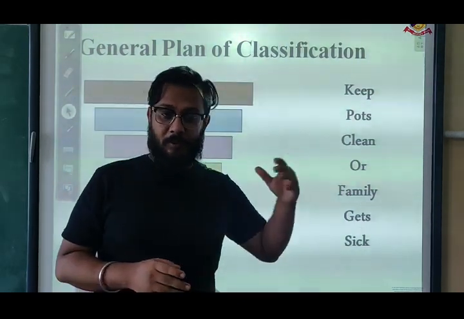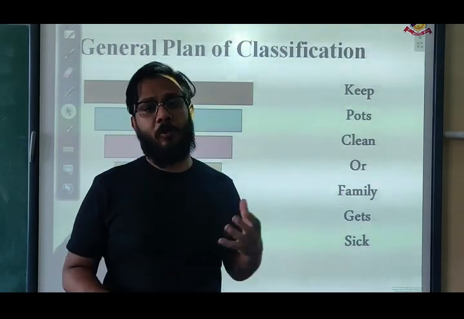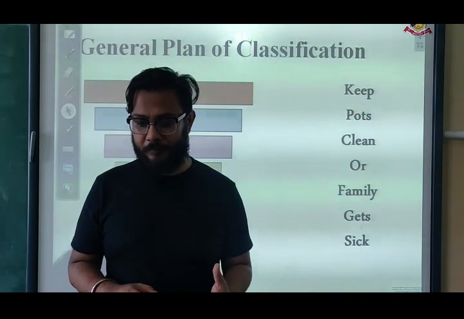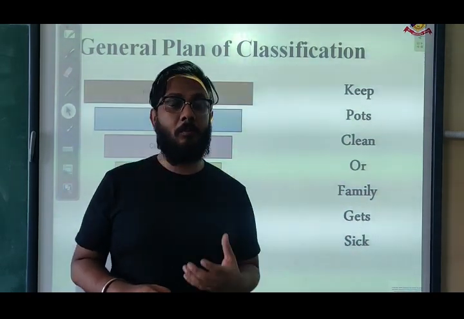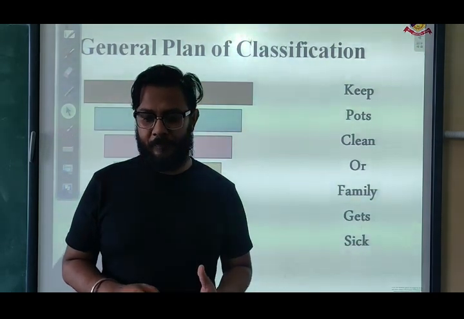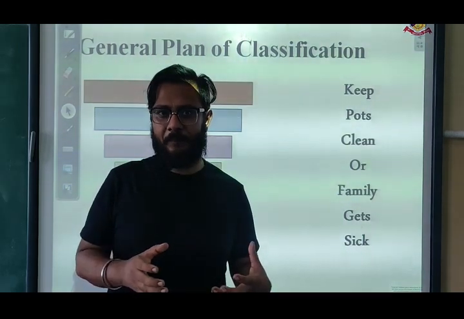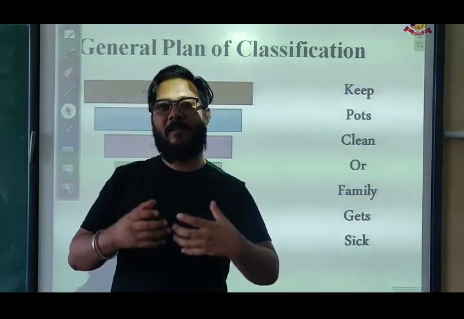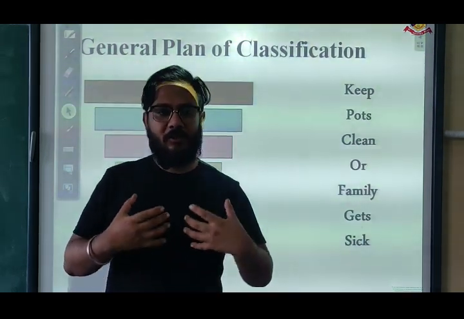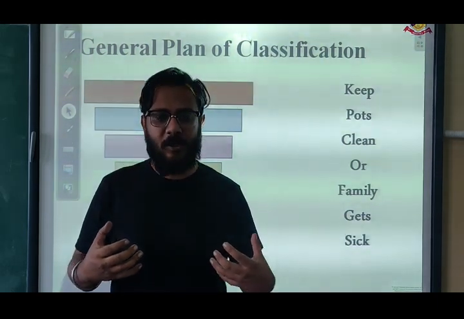Okay, now in plants, flowering plants are divided into 2 classes, monocotyledons and dicotyledons. Okay, based on the number of cotyledons they have. If they have got 2, then it's dicotyledons. If they have got 1 cotyledon, it is monocotyledon. Based on the cotyledons, it is divided into 2 different classes.